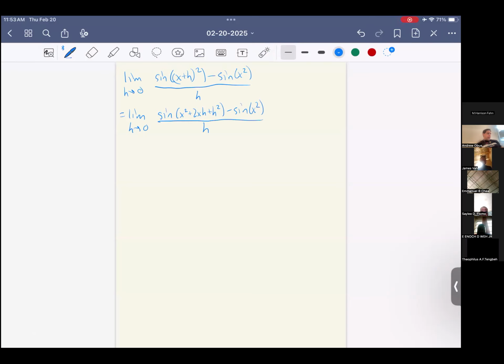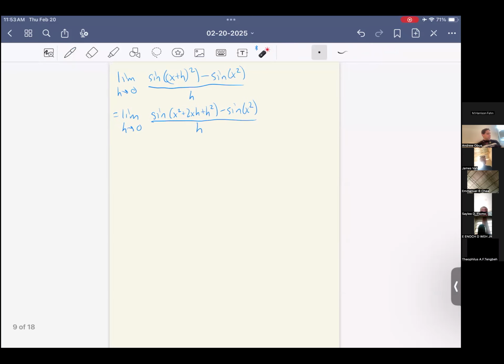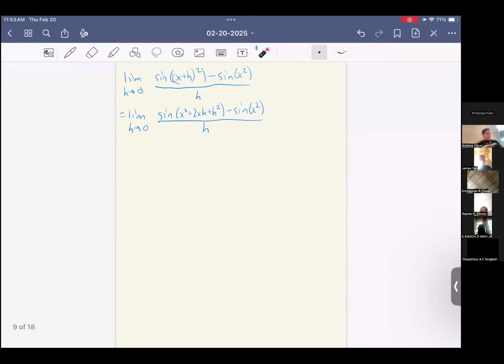I mean, I guess you can do this, but it doesn't seem that easy, because you need to use some addition formula for sine over here. It seems like it's going to be fairly complicated. I don't think you can factor anything.